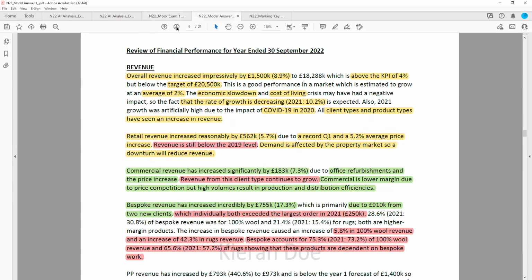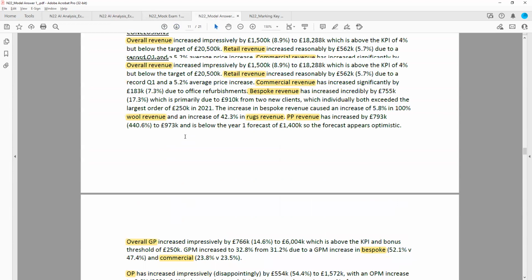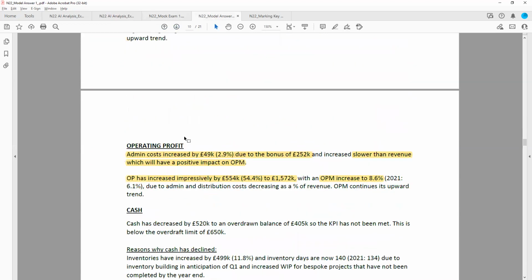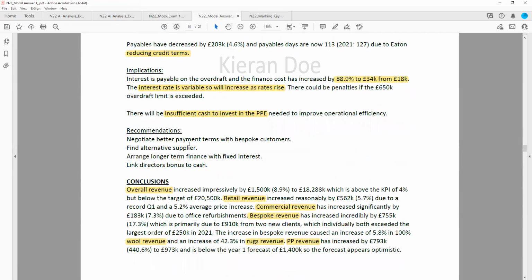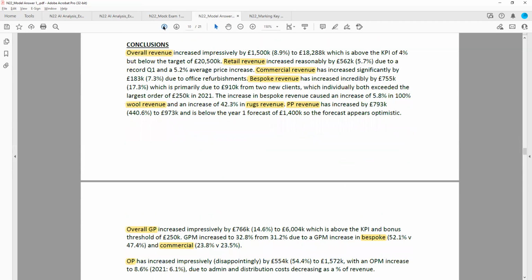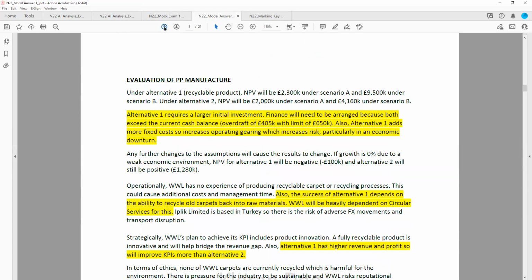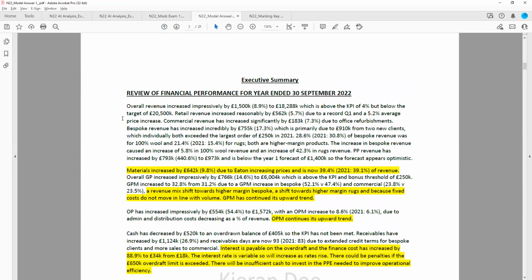So like I said, with our conclusions, the points in the conclusions are going to be the same as the points in the main body of the report because they are factual. And if we're also summarizing the performance, then it's going to be very similar to the conclusions. So as a starting point for your exec summary, you can copy your conclusions over.